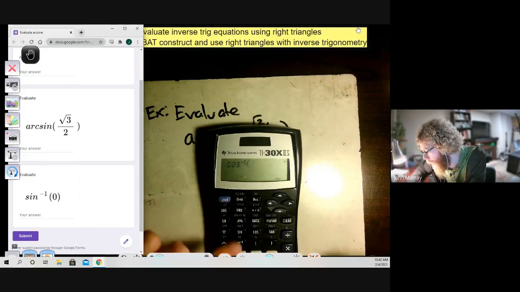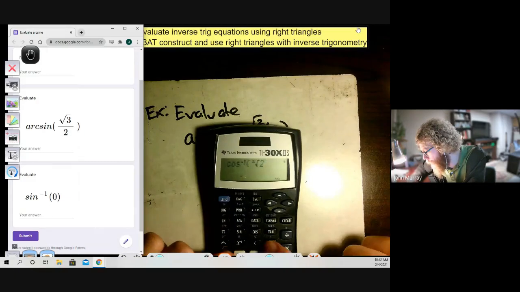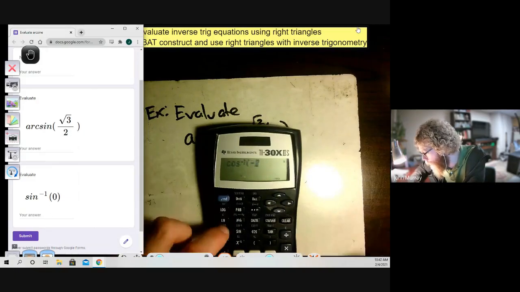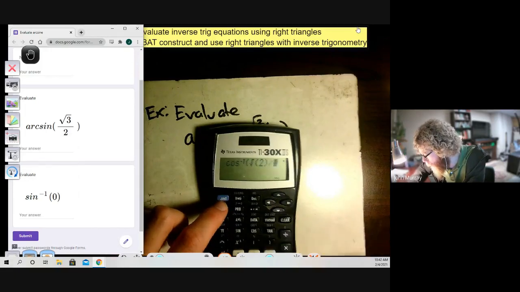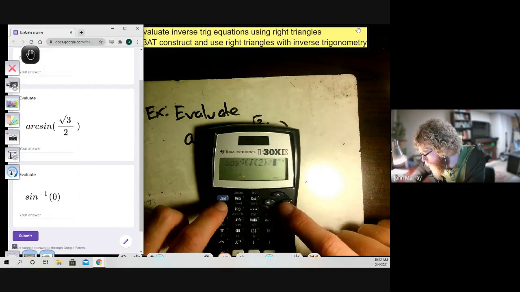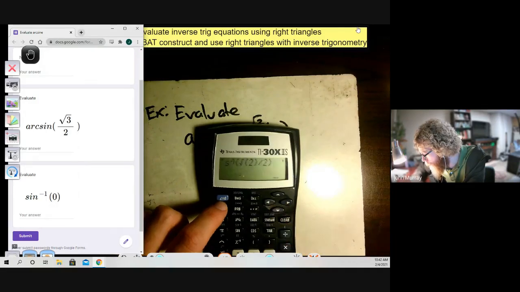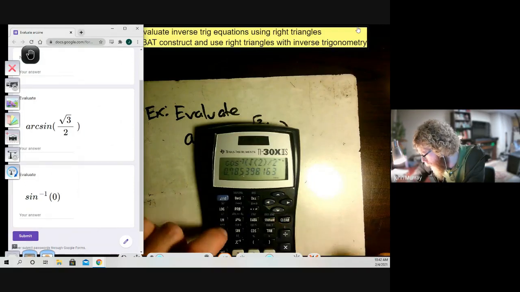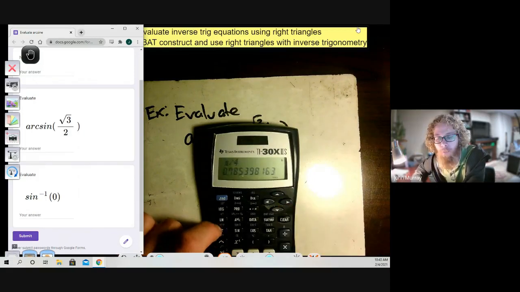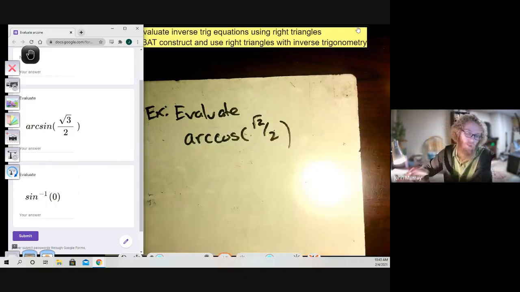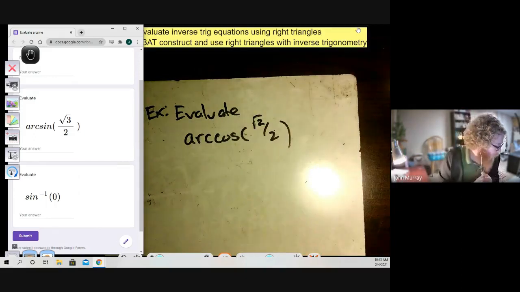And if I did the arc cosine of root 2 over 2, we get the same value, right? So 0.785, and again, pi over 4, 0.785. I did show you the graphs of arc cosine, I think, yesterday.